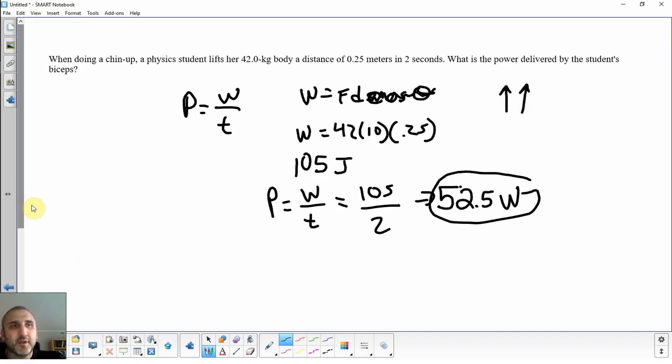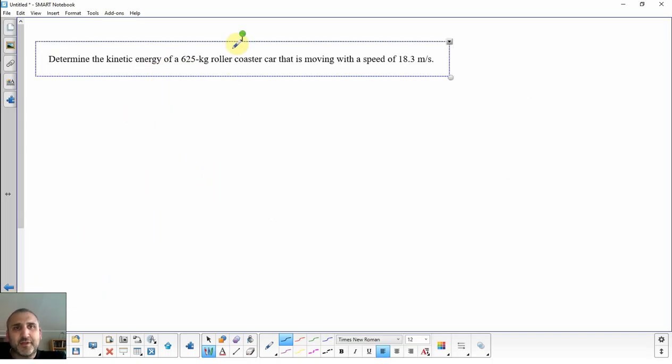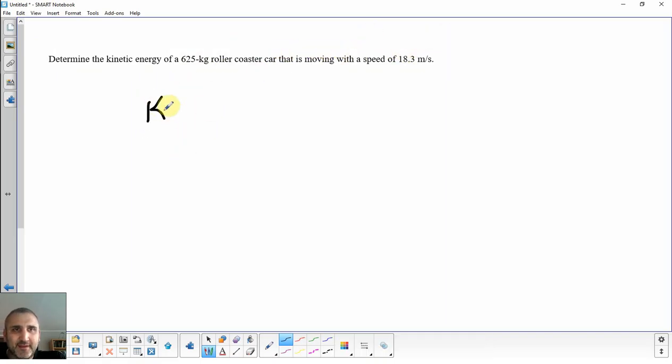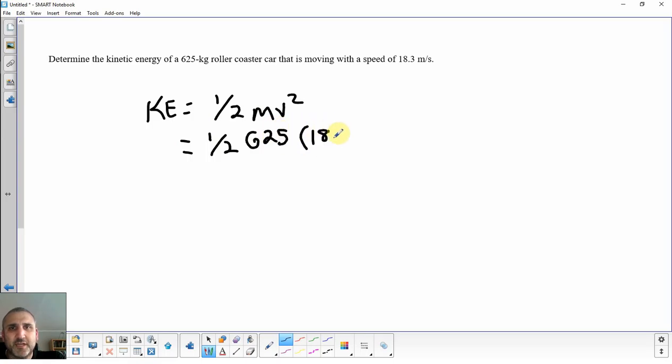So just remember, positive work is when the force and the displacement are in the same direction, and negative work happens when force and displacement are in opposite directions. Determine the kinetic energy of a 625 kilogram roller coaster that's moving at a speed of 18.3 meters per second. This is easy. Kinetic energy equals 1/2 mv squared, which equals 1/2, the mass is 625 kilograms, times v, which is 18.3 squared.